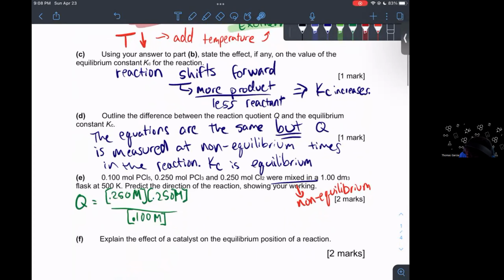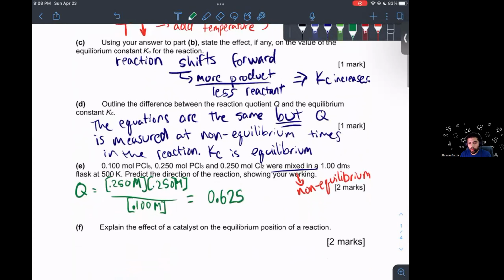So I'm going to skip ahead because I already have this math down, and our reaction quotient is going to be equal to 0.625. Now, here's the important thing. We learned that when our Q is greater than our Kc, which means we have more products than we do reactants at equilibrium, we know that we are going to shift back towards equilibrium.